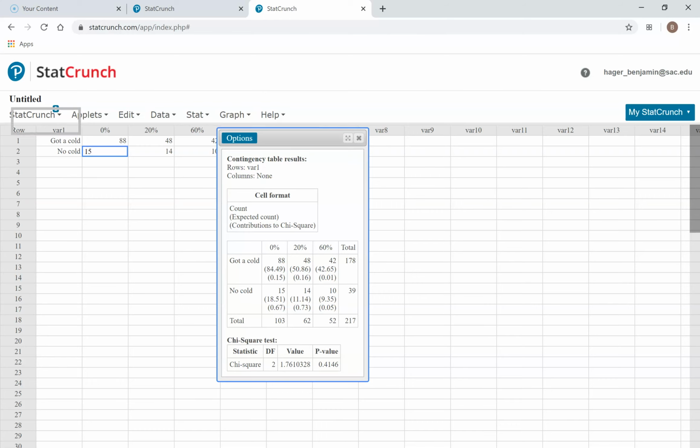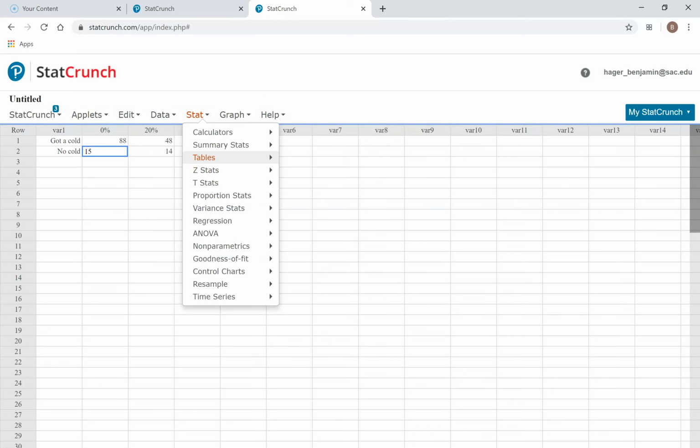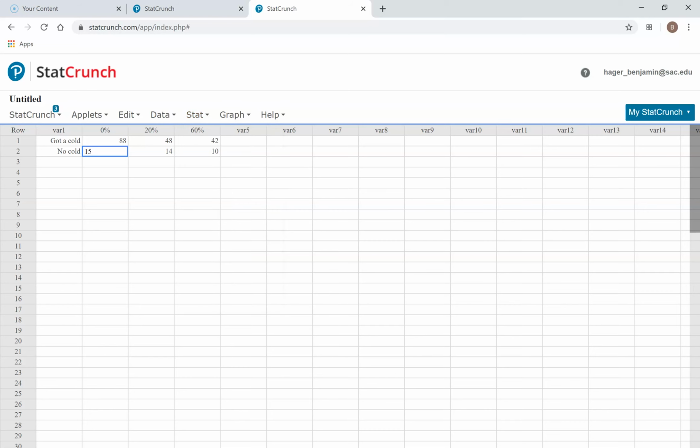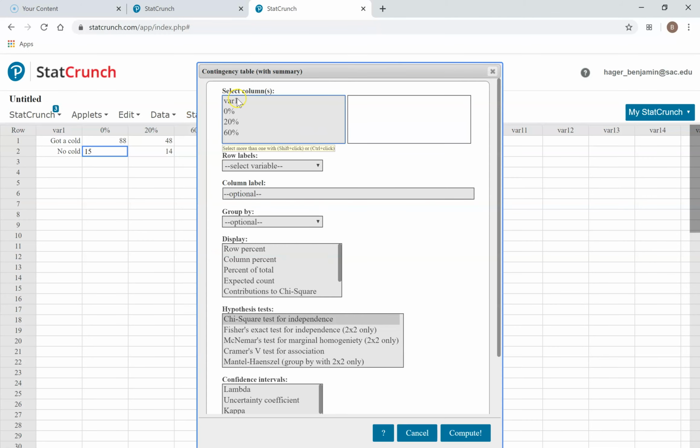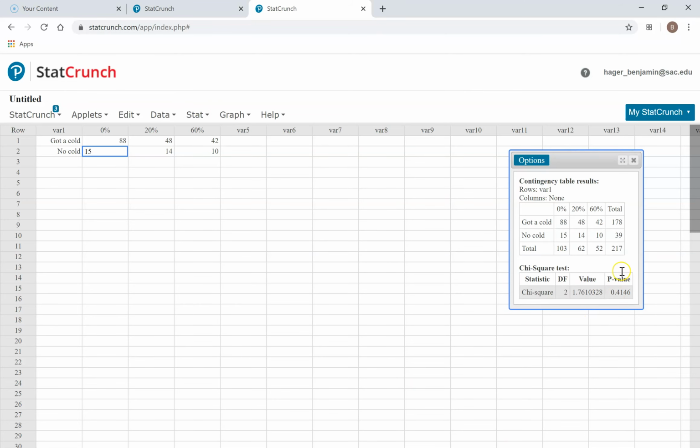So again, that's a little confusing, but you'll go to tables, and what you have is a contingency table. So I'm going to go to tables, contingency with summary, and then again, you're going to tell it where the data lives. You're going to tell it where the row labels are, and hit enter.